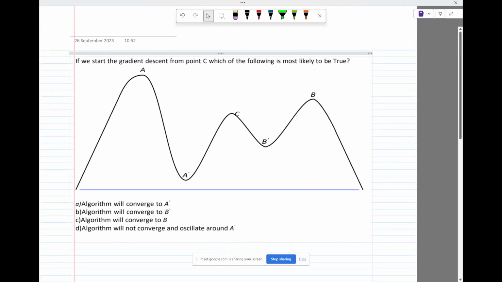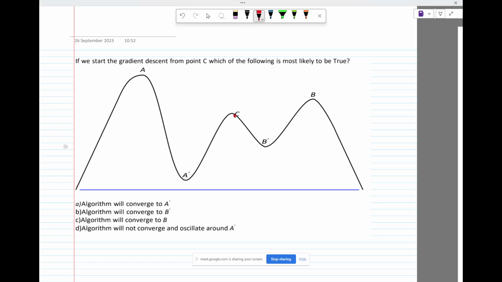If we start the gradient descent from point C, which of the following is most likely to be true? So C is a point here. This is our C point. And if we are using gradient descent from this point, which is most likely to be true? So gradient descent means, this is your loss curve.